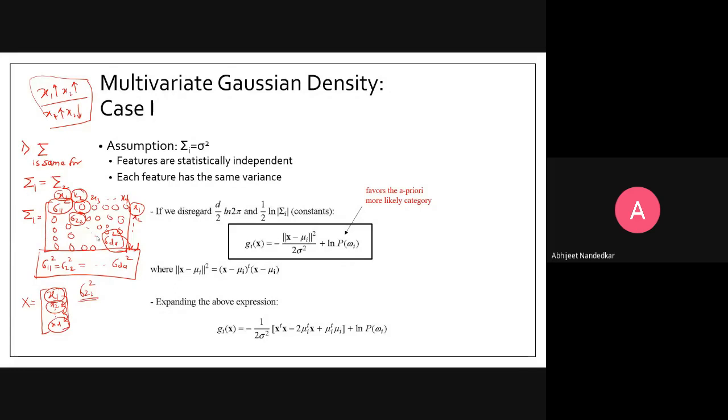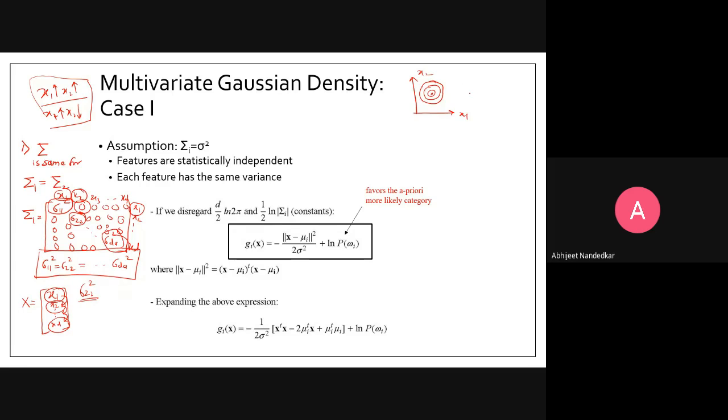Then we assume these two things, that sigma is the same for all, that is, sigma 1 1 square is equal to sigma 2 2 square, and so on. So these diagonal numbers are the same. It means that the spread along the x1 axis and the spread along the x2 axis is the same, which results in a circular kind of shape when you see this Gaussian distribution from the top.